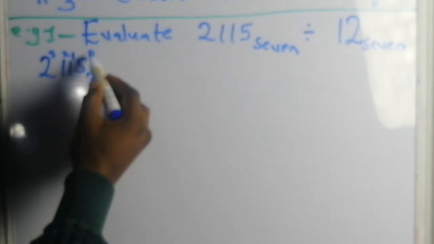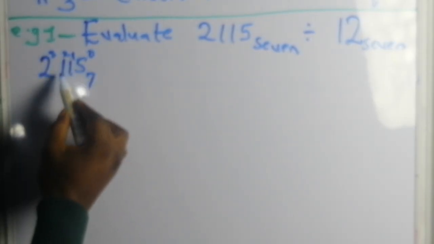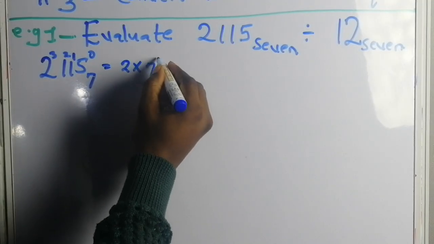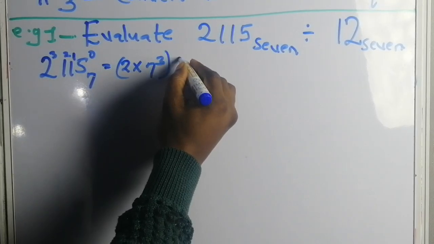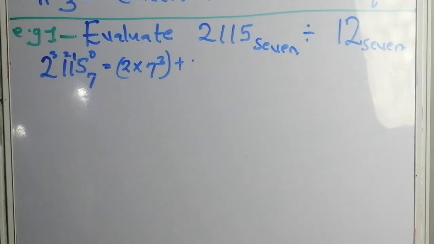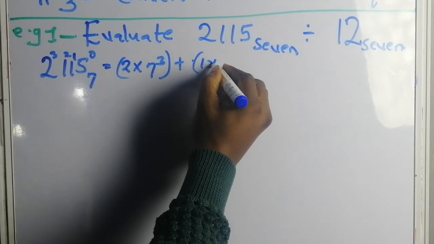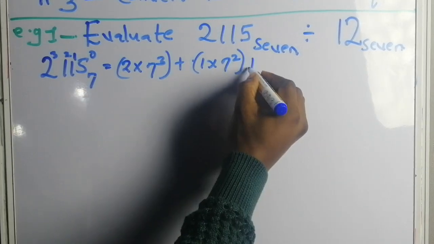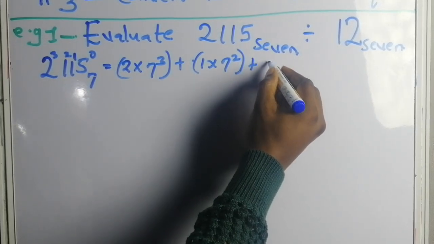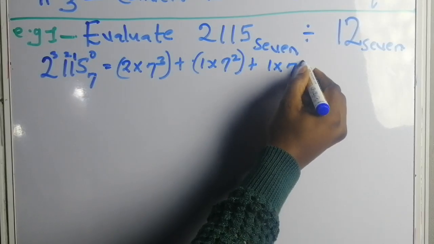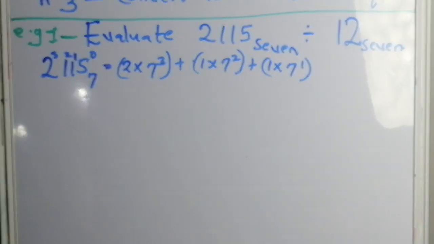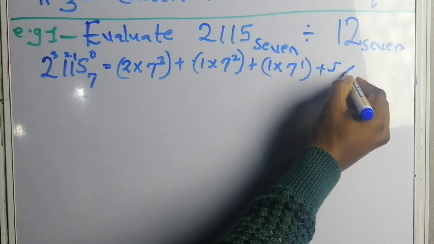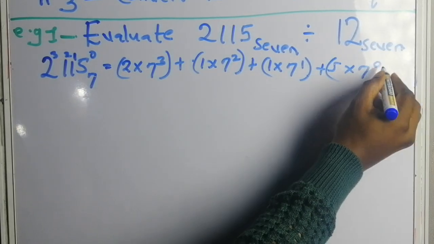So this is equal to 2 times 7 raised to power 3, plus 1 times 7 raised to power 2, plus 1 times 7 raised to power 1, plus 5 times 7 raised to power 0.